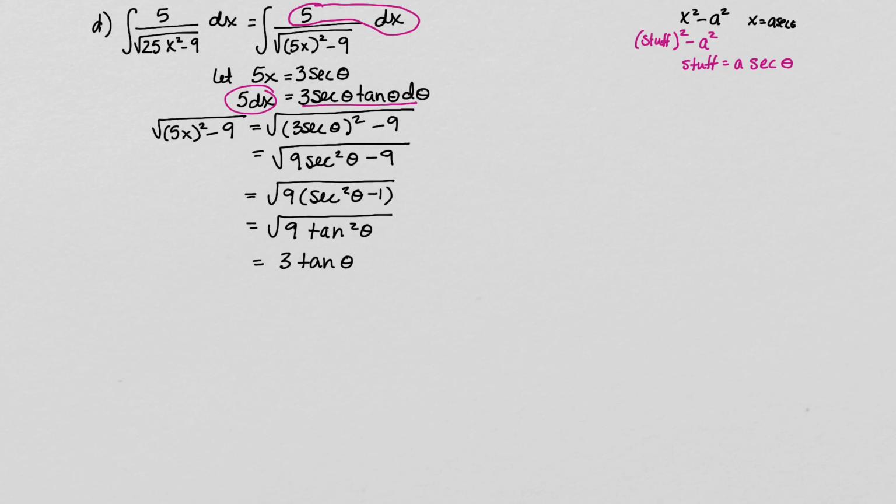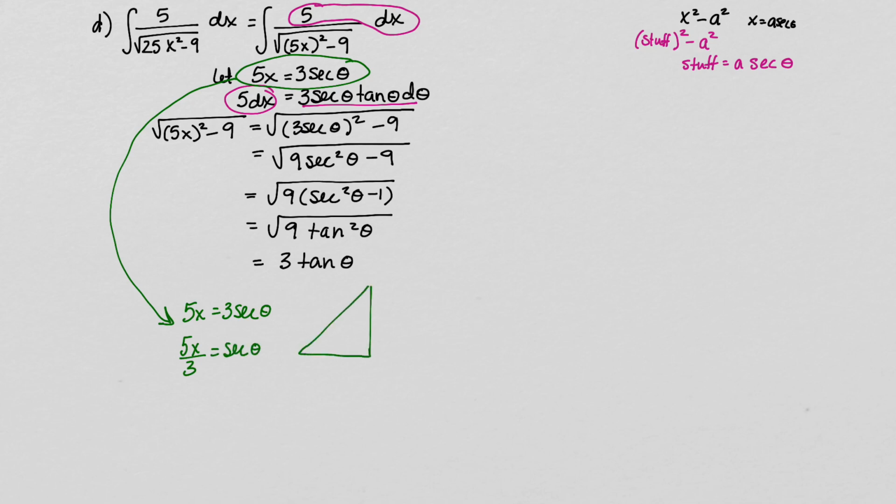Okay, and then I'll use a different color here since I've already used pink so much. We're going to use this to draw our triangle, right? So remember 5x equals 3 secant theta. If I divide both sides by 3, 5x over 3 equals the secant of theta. And remember secant of theta is the hypotenuse, 5x, over the adjacent 3. So a squared plus b squared equals c squared. So 3 squared plus b squared equals 5x squared. So 9 plus b squared equals 25x squared.